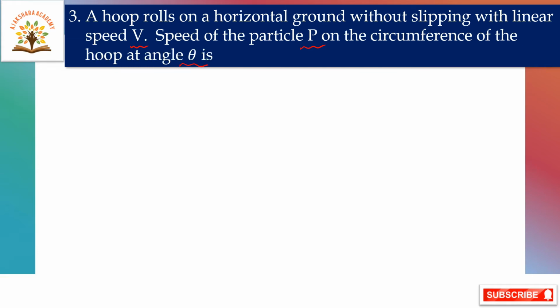See, this is the hoop rolling on the horizontal ground, and this velocity is equal to v, now making an angle theta.